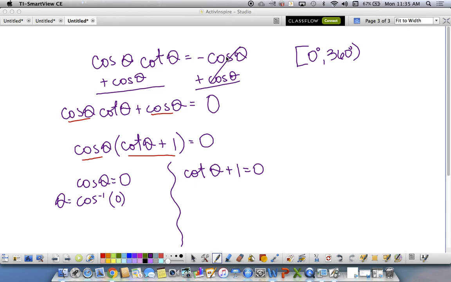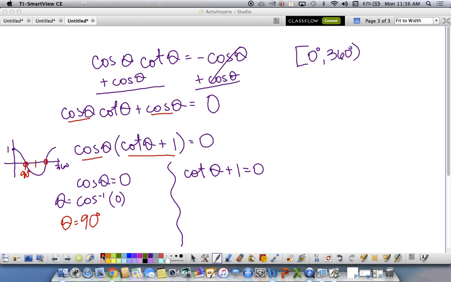Should I look back at the graph I just drew? Between 0 and 360, how many times is this 0? Actually, 2. It just gave me 90 degrees. My calculator just gave me 90. Theta equals 90 degrees. But is there another answer? Yes, you have to figure it out.